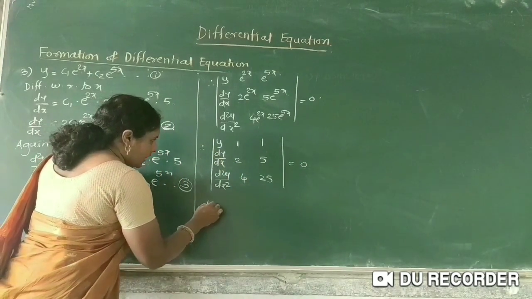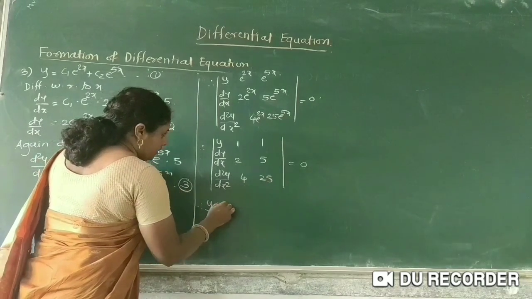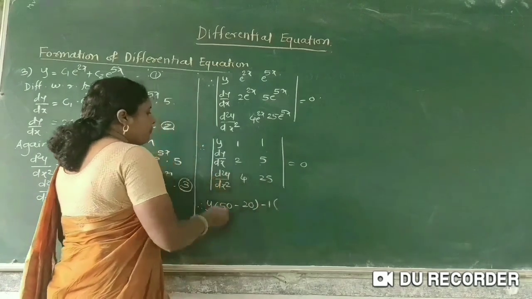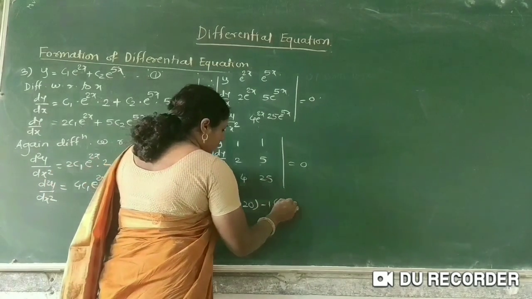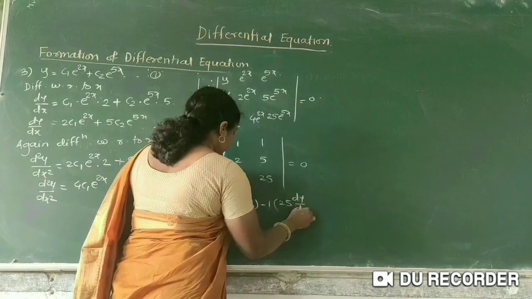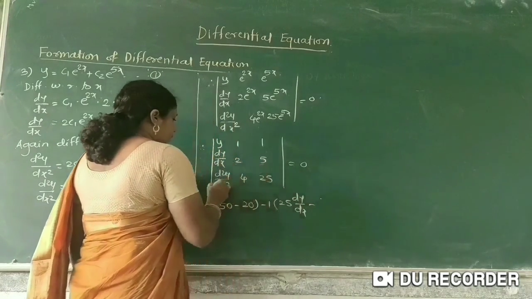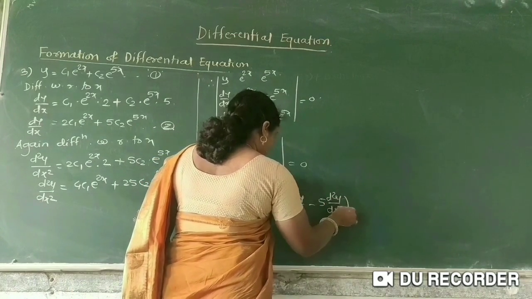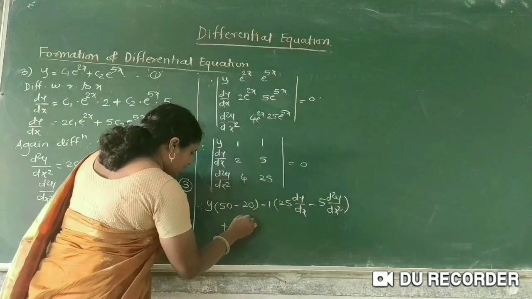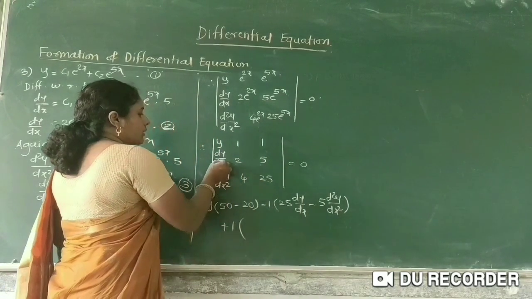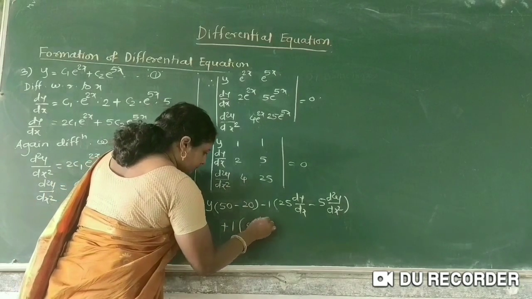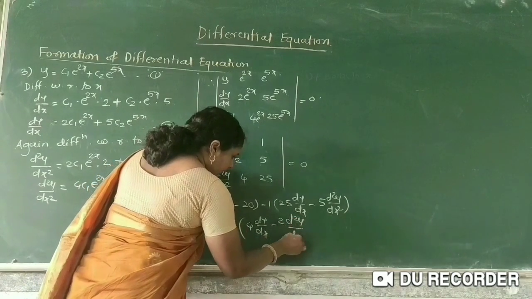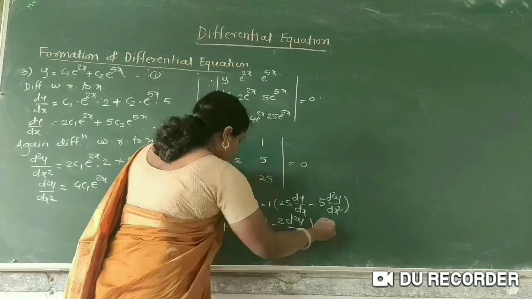We get y into 2 into 25, 50, minus 4 into 5, 20, minus 1 into 25 dy by dx minus 5 d2y by dx square, plus 1 into 4 dy by dx minus 2 d2y by dx square is equal to 0.